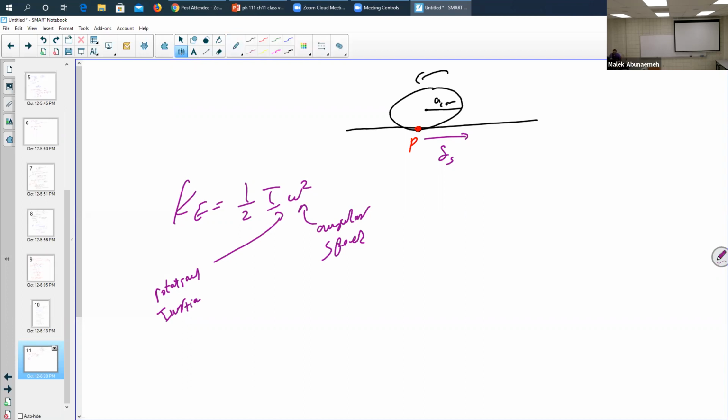Inertia of the wheel at point B. That means your inertia at point B is going to equal your center of mass inertia plus mr squared.